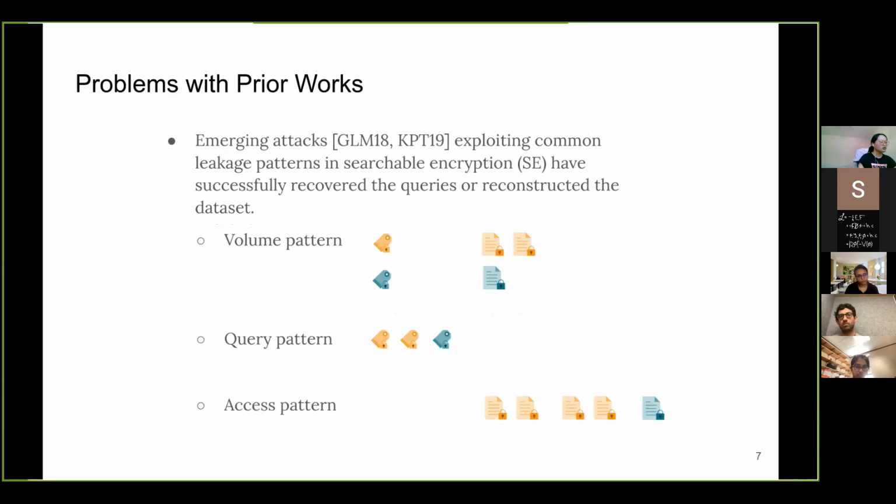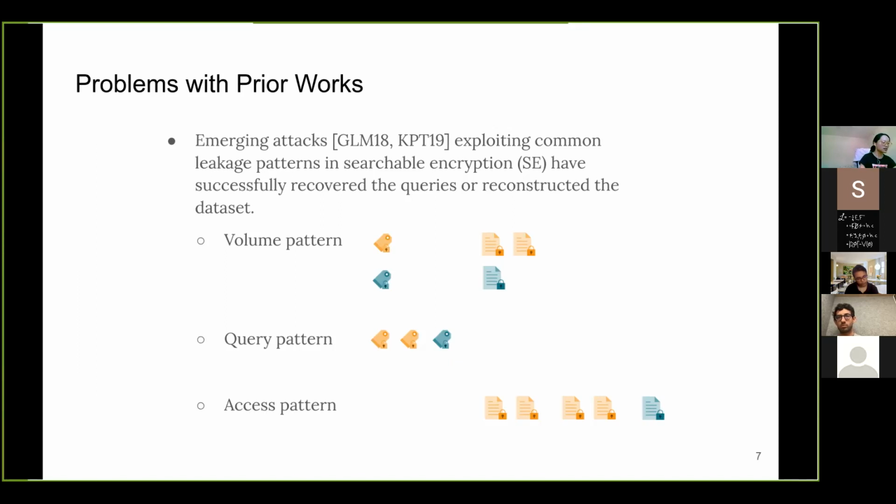There are a couple of emerging attacks exploiting common leakage patterns in searchable encryption and have successfully recovered queries or reconstructed the dataset. For volume pattern, we mean that the transcript size of the communication can help the adversary glean information about either the data or the query. The query pattern means the adversary can tell whether the queries are repeated.